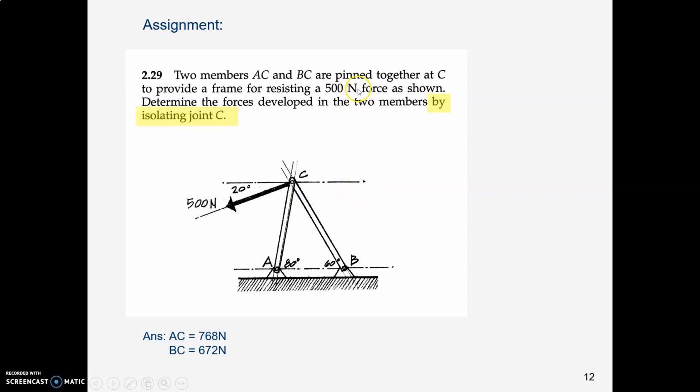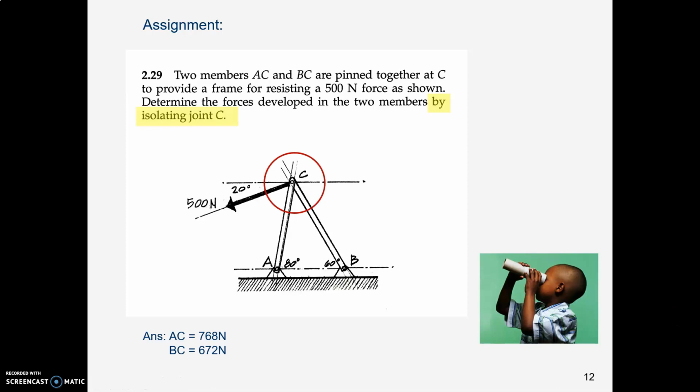You might notice he's talking about newtons. So here's a 500 Newton force, and we've got two bars here that are bolted to these ears, these pinned connections. At the bottom of the slide, I've given you the answers you should come up with. So check your work against these. You might be off slightly, but if you're in the general ballpark, that will be good.